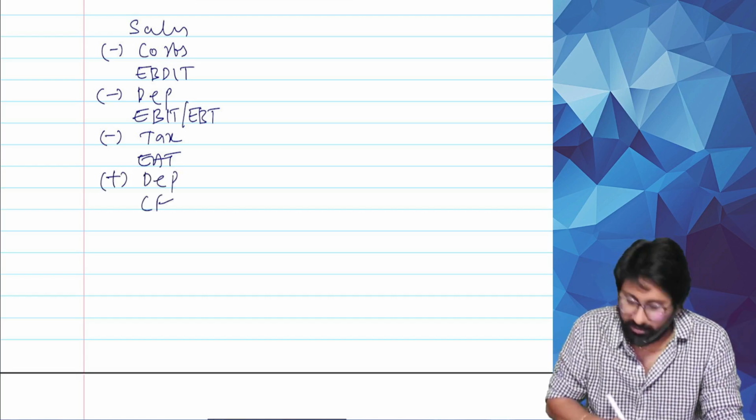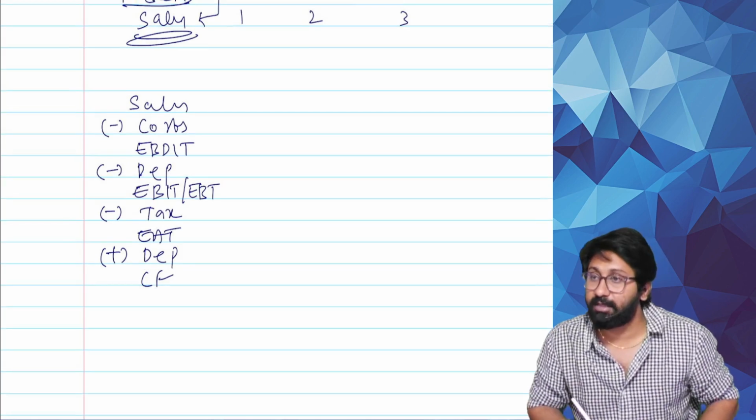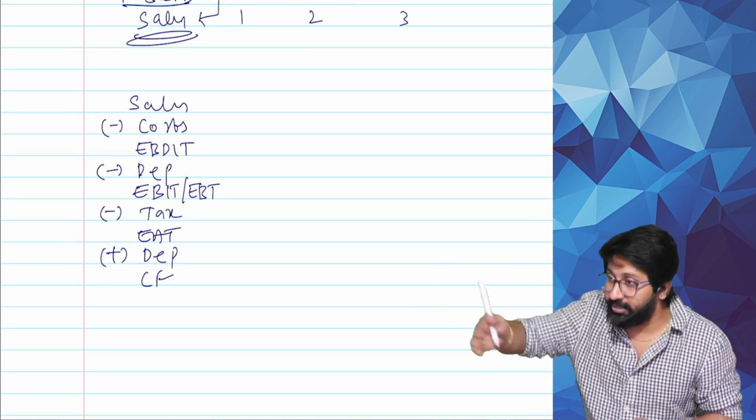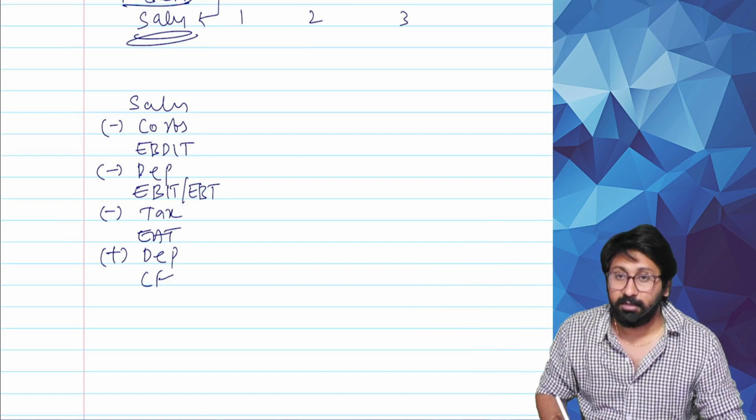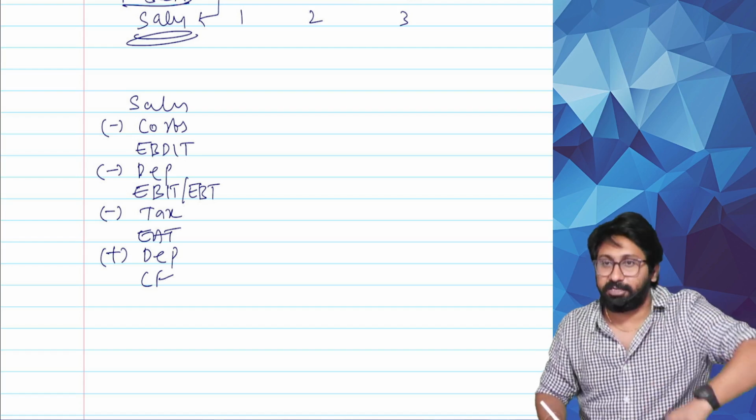Correct? Now, in the question, they have given sales cash flows. They have given the end result, the origin. The problem is now with the origin.